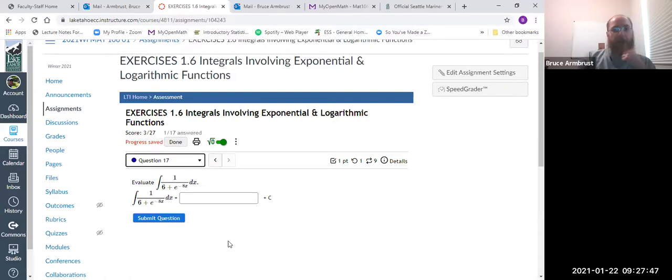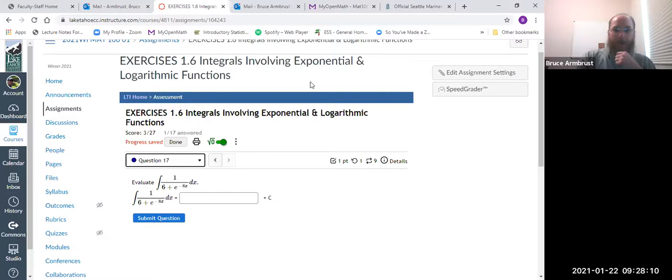All right, so we've got 1 over 6 plus e to the minus 8x. So the question is, what do we do for the substitution there?